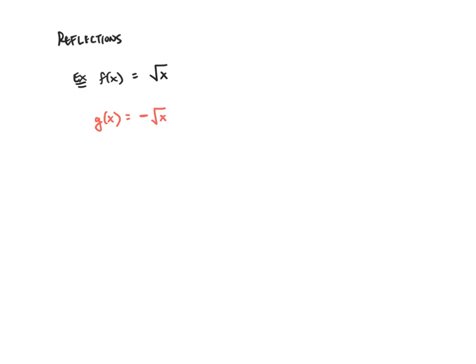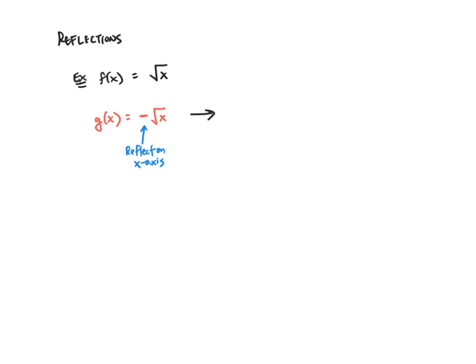So what is that negative doing? Where is it? It's on the outside. So remember, if your transformation is on the outside, it's going to affect the graph vertically. So that means this graph is going to reflect on the x-axis. It's going to flip the graph over the x-axis.